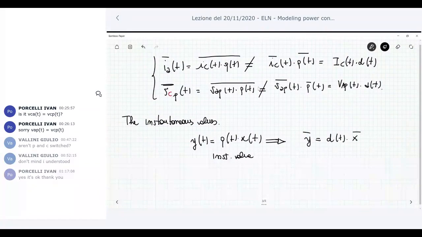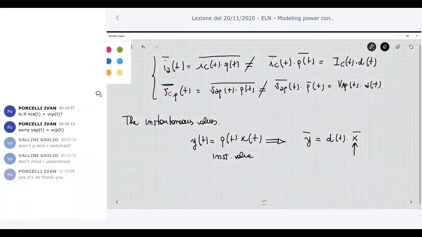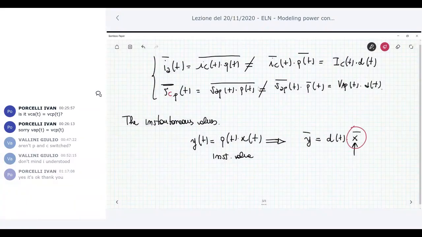Look at the function that multiplies the unitary switching function, that is x.